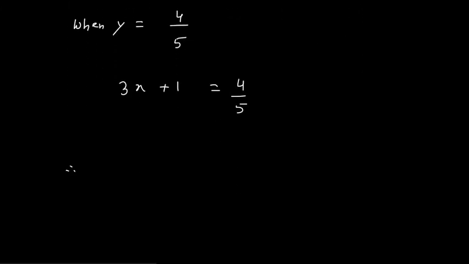Therefore we have 3x equals 4 upon 5 minus 1 equals minus 1 upon 5.